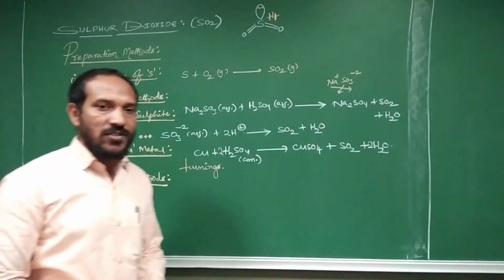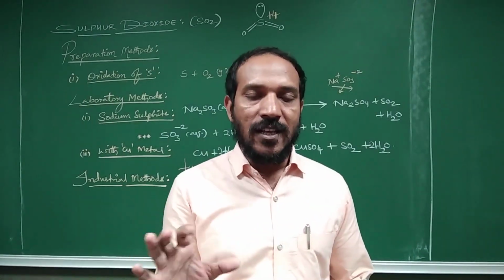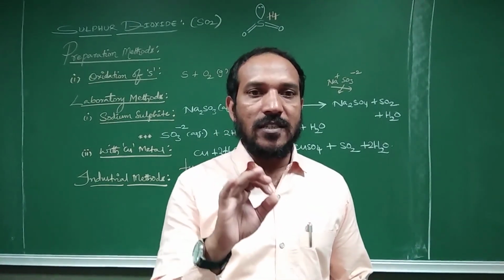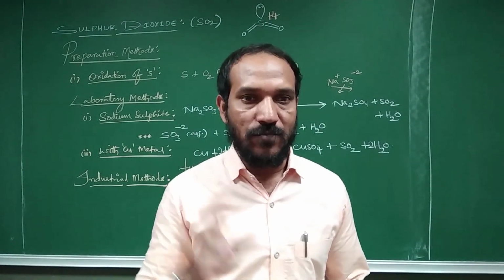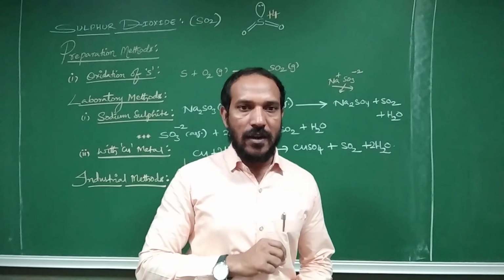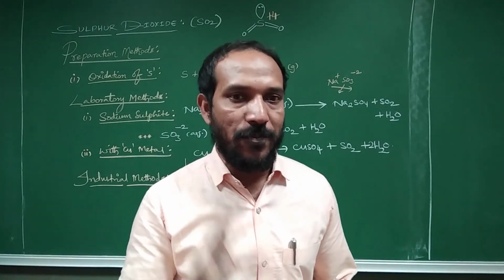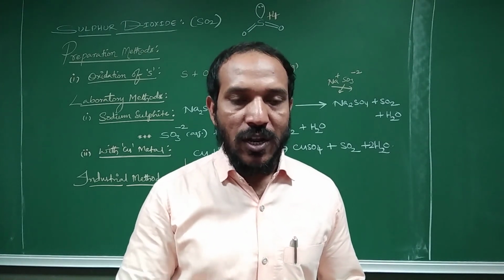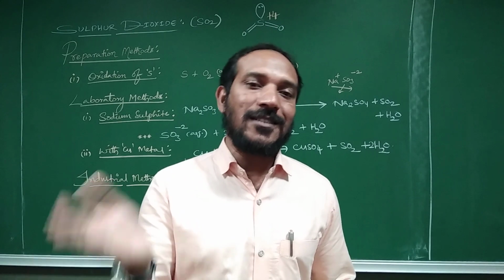Here in the industrial method, you see the sulfide ores such as iron pyrites and zinc sulfide, also called zinc blende, undergo oxidation to form their respective oxides, with sulfur dioxide as the byproduct.